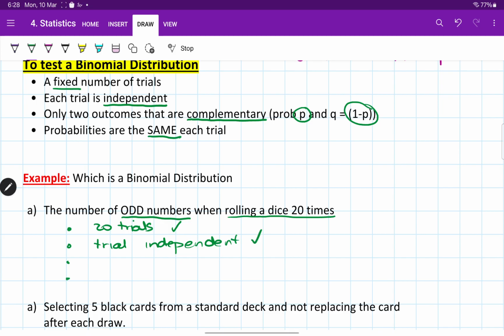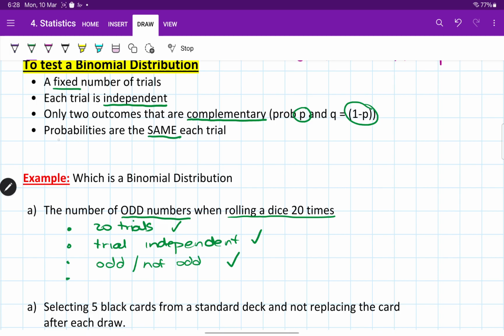So tick, tick. All right, two outcomes are complementary. Right, so we either get an odd number or not an odd number, okay? Or an even number if you want to call. And, of course, odd number, not an odd number are complementary events because you can only either have an odd or a not odd number. So, tick, tick.